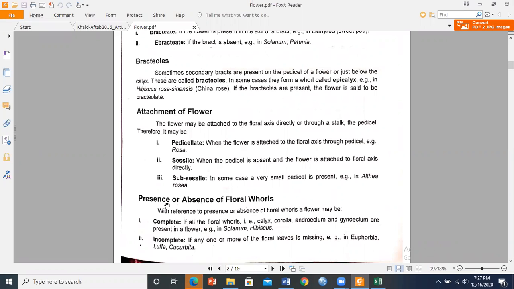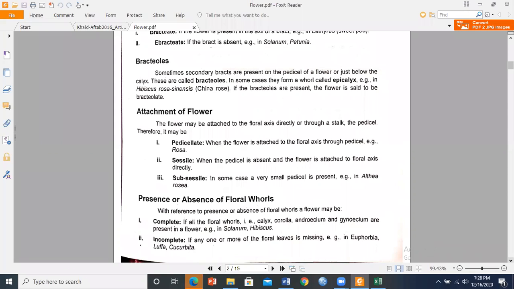If all the whorls are present, then the flower is called complete, for example, in Solanum and Hibiscus rosa-sinensis. If one or more of the floral whorls are missing, for example, in Euphorbia, Cucurbita, Luffa, the flower is called incomplete.